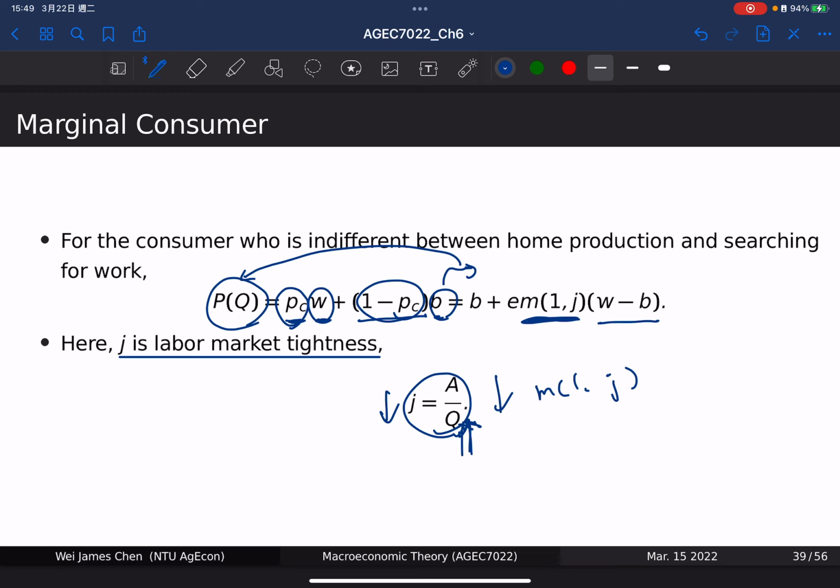When Q increases, this J decreases. But with this J decrease, this matching function is constant return to scale and marginal product is positive. Marginal product of one or this, both attributes, is positive. So it must be the case that this thing decreases. If this thing decreases, that means the expected payoff is actually going to be lower. I need to increase something else to keep the equation equal, so it must be increasing W, basically.